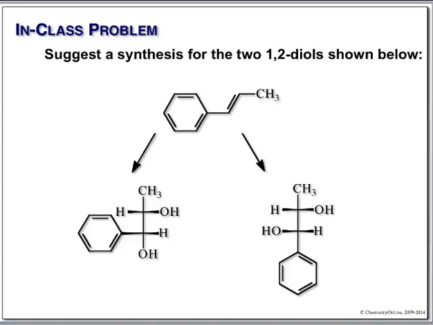A permanganate is going to give us a cis 1,2-diol. The epoxide, followed by ring opening, will give us a trans 1,2-diol. One of these was made with epoxide, trans ring opening, and the other one was made with permanganate. What you have to do is figure out which is which.